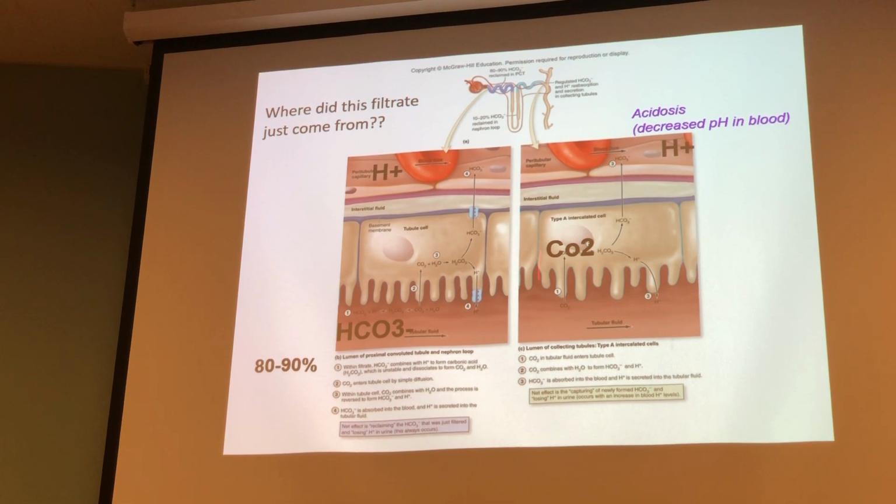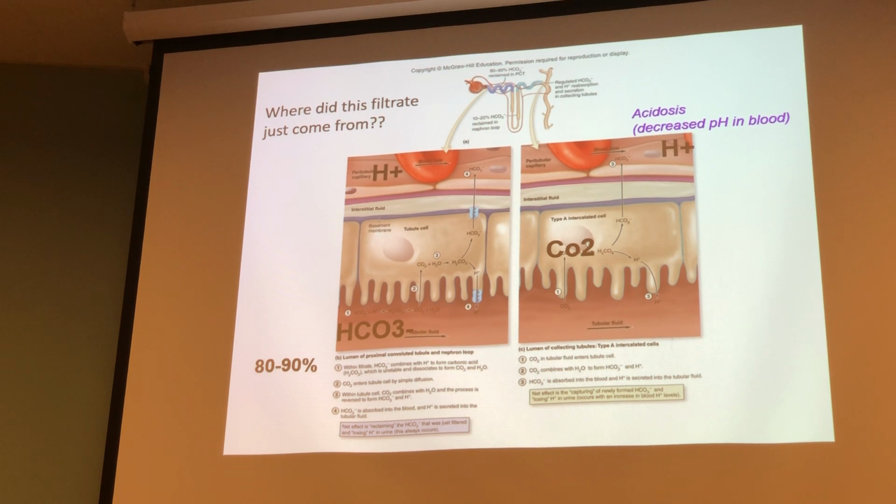The cell will take CO2, create carbonic acid, that dissociates into bicarbonates, and those will go into the blood to reduce the amount of free-floating protons to raise your pH, and the other half of that compound will be dumped into the filtrate. This is what type A intercalated cells will do.